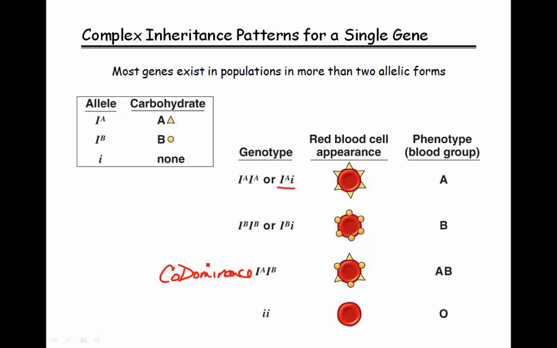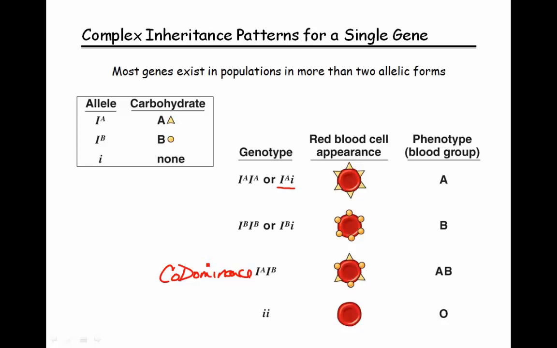Now, if we talk about blood transfusions and who can accept blood from who, basically our bodies attack things that look foreign to them. So if you were someone that had type A blood, your body is used to seeing type A blood, which means it's used to seeing triangles. So if you had type A, you could certainly receive blood from type A individuals.